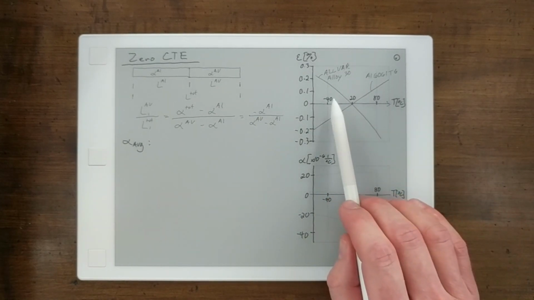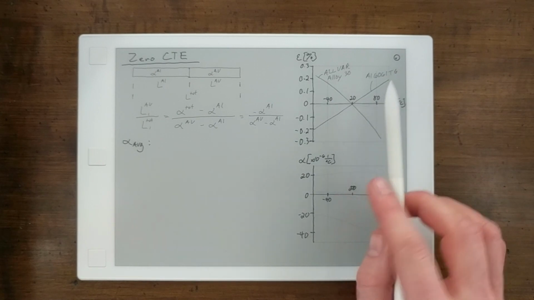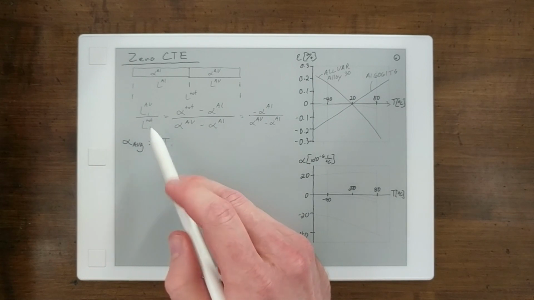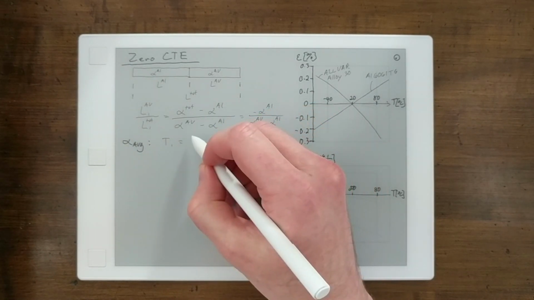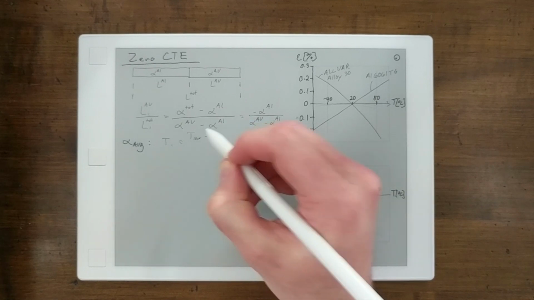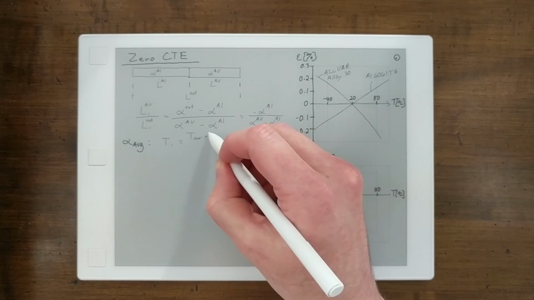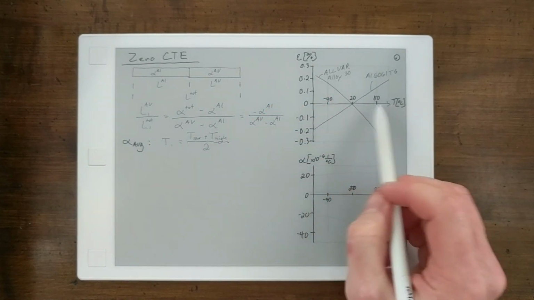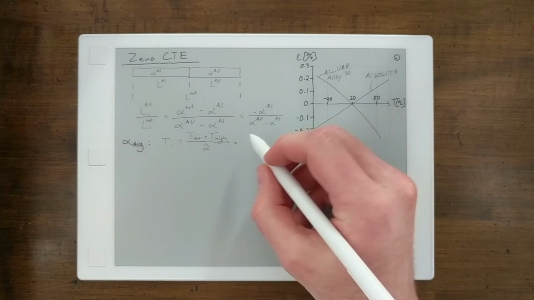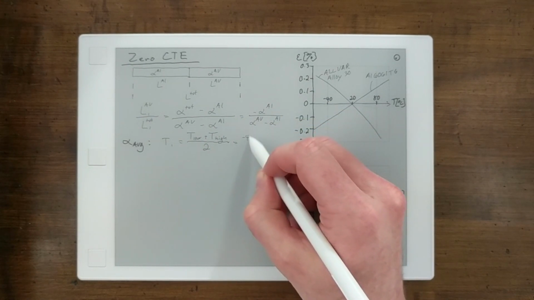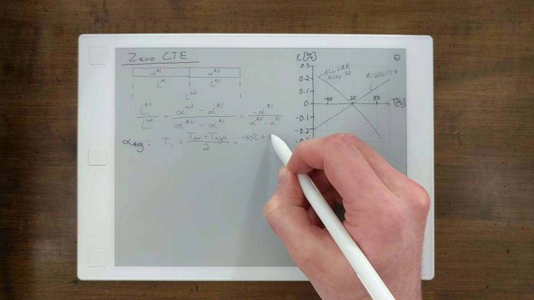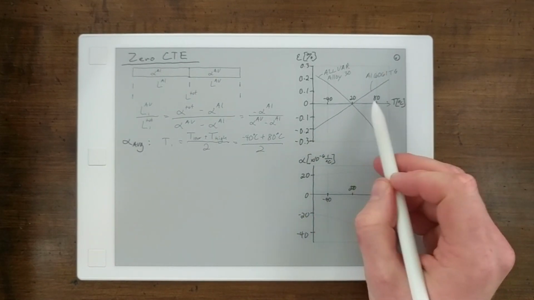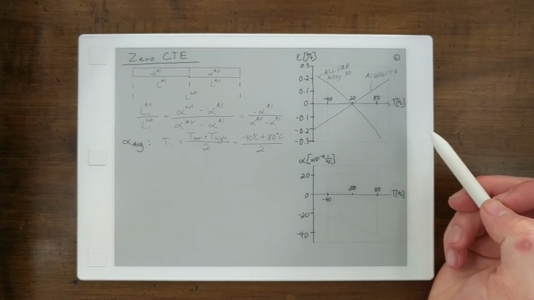So if you had a temperature range, for example, from negative 40 to plus 80, your T1, or your reference temperature, is going to be equal to your low temperature plus your high temperature divided by 2. It's effectively the average of your temperature extremes. And in this case, if you have negative 40 degrees C plus 80 degrees C divided by 2, you're looking at 20 degrees C, which is halfway between negative 40 and 80 degrees Celsius.